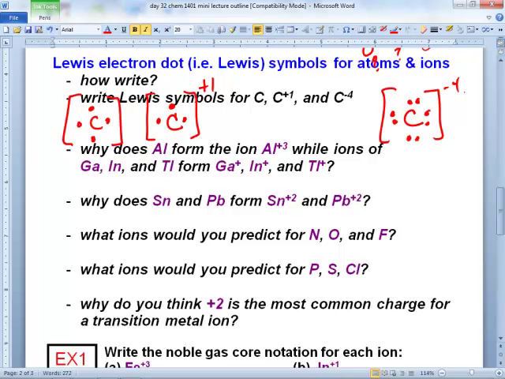How many dots would you put around a noble gas? If I said draw its Lewis dot structure. How many dots would you put around it? 8. Every single noble gas has 8 valence electrons. Well, what's supposed to be the most stable situation up here for electron configurations?